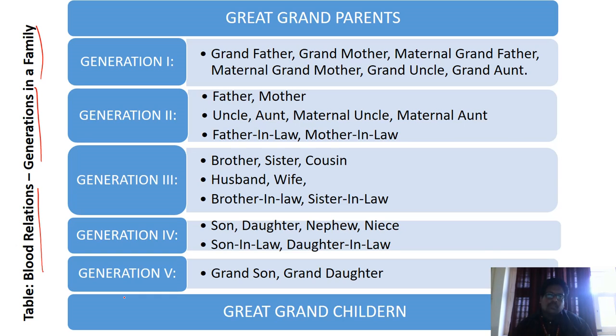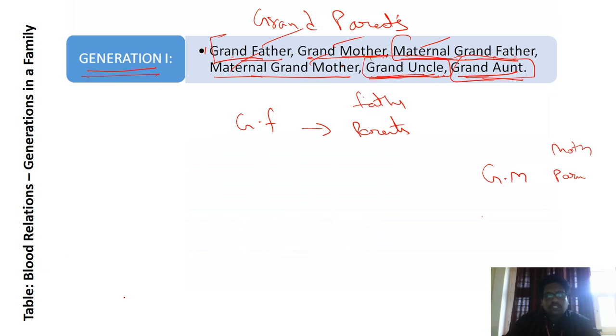There are two types of relations through parents: paternal, which is the father's side, and maternal, which is the mother's side. Then we have another two categories: by birth, that is blood relation, and through marriage, which is in-laws. Those relations fit into these generations, and based on this they'll ask different questions.